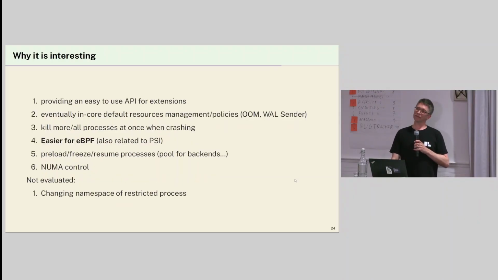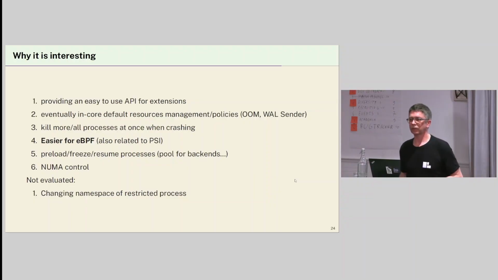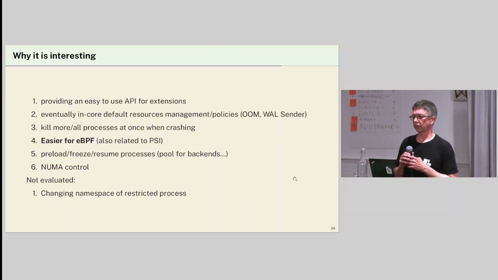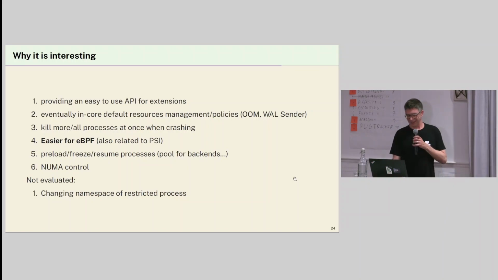Yes, go on. Looking at your original layout, you've got the autovacuum launcher in your critical set. Autovacuum processes probably shouldn't be in that critical set. Oh, yes. This is a good point, but I have an explanation.